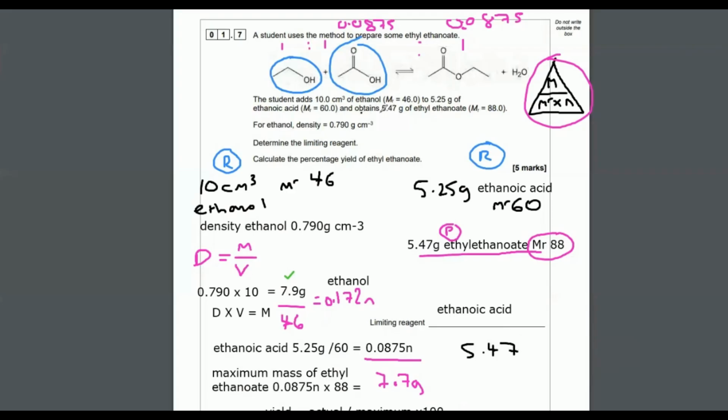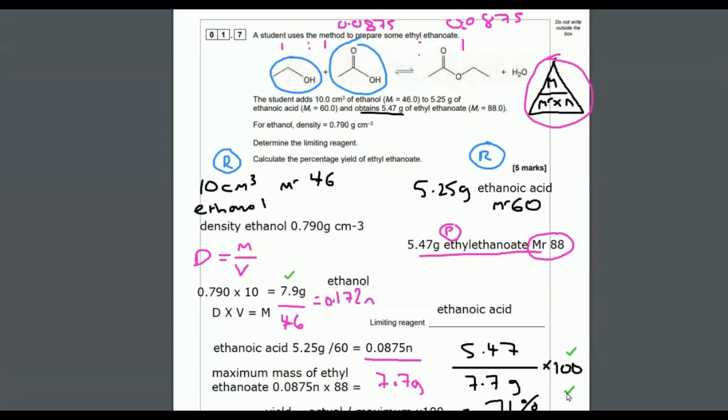You obtain 5.47. Divide that by our maximum mass, 7.7. We want to times that by 100. And I believe that's going to be about 70%. So 5.47 divided by answer, times 100, equals 71%. 71.03, whatever. I'm leaving it at 71%, and that is our percentage yield.